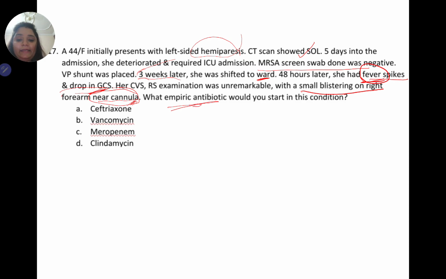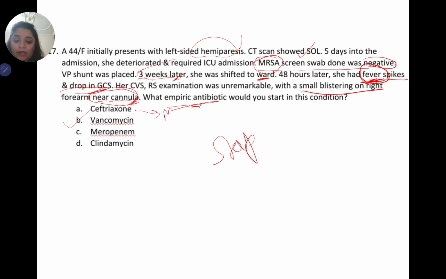So what is the empiric antibiotic? Something which covers staph. Her MRSA screen swab was negative in ICU, but again she has been in ICU for 3 weeks. Post that there has not been a repeat of the MRSA screen. So ideally whenever we are covering empirically for skin and soft tissue infection, and also she might as well be in sepsis because fever is also present, we have to give vancomycin.